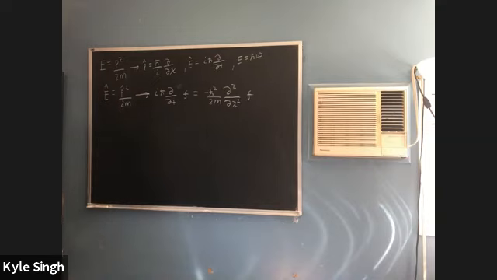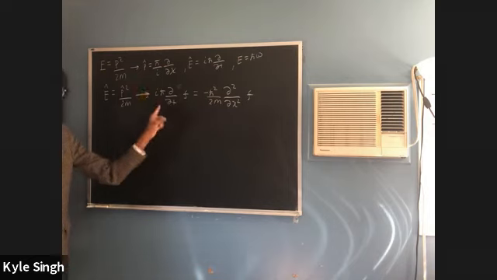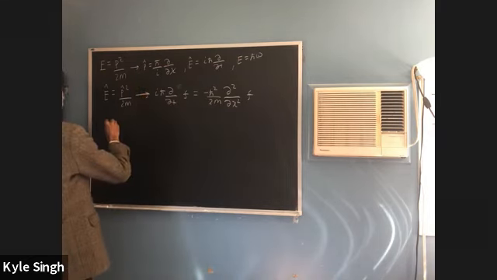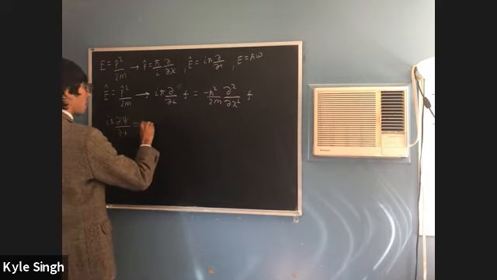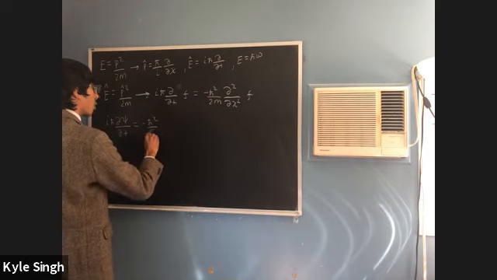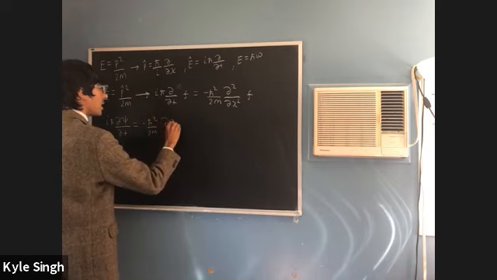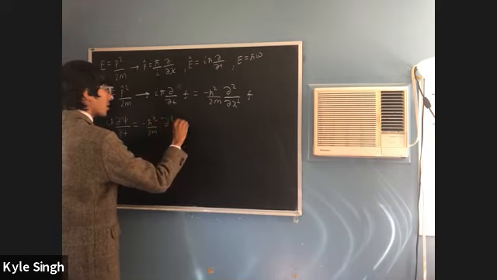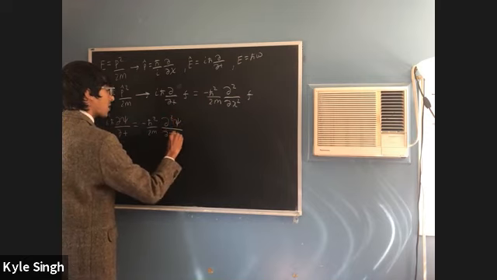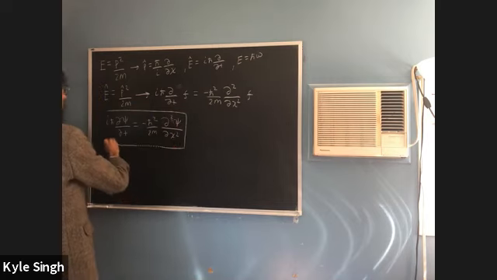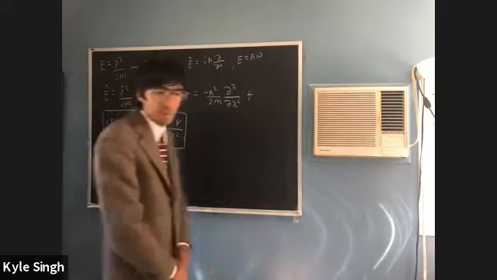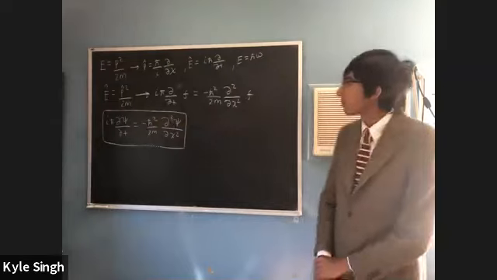Okay, now we're going to act this on the wave function. So now I just have i h bar d psi/dt equals minus h bar squared over 2m d2 psi/dx squared, and we have our Schrödinger equation. Okay, so there's our Schrödinger equation.